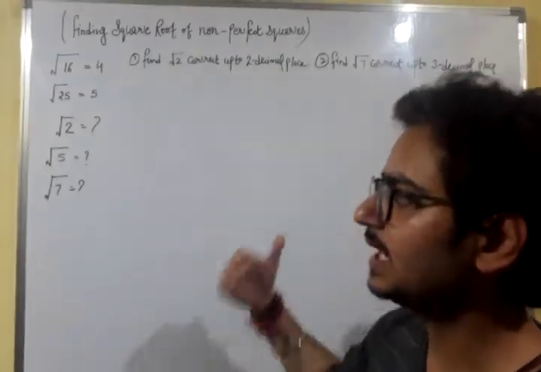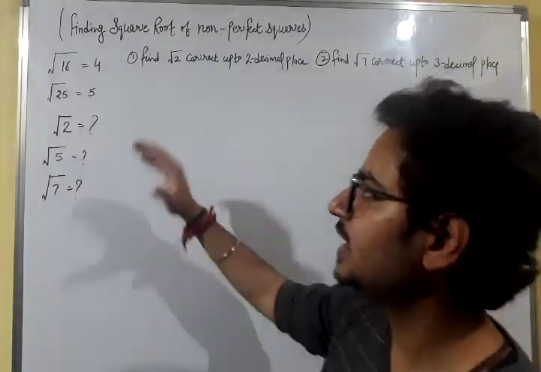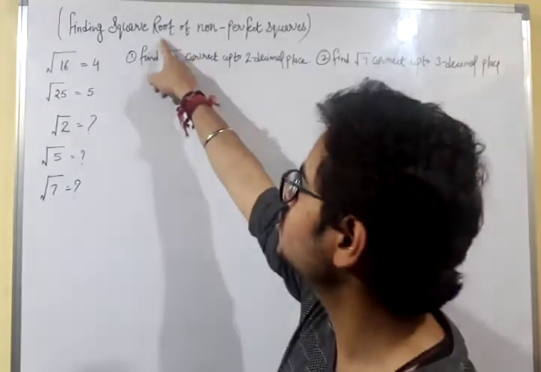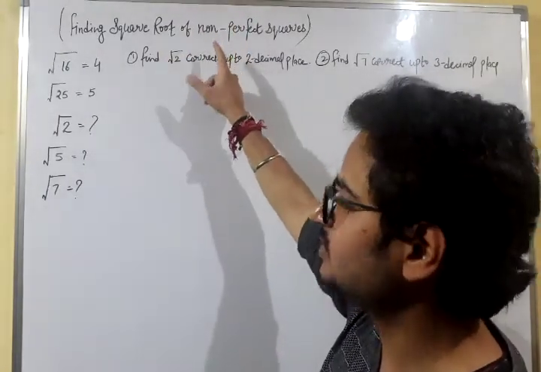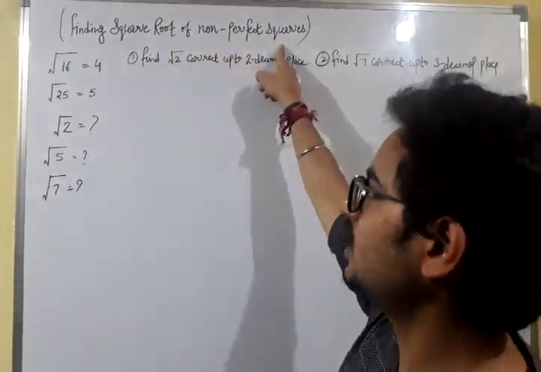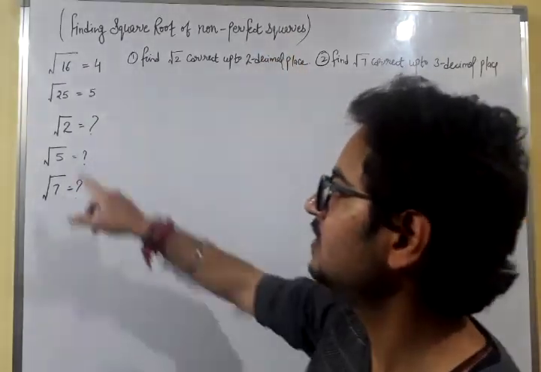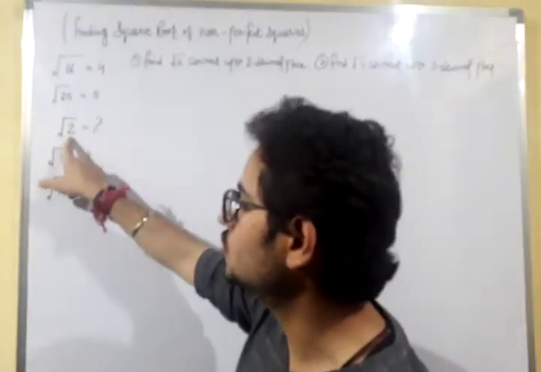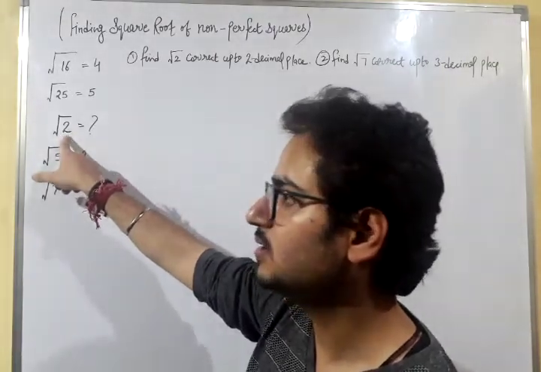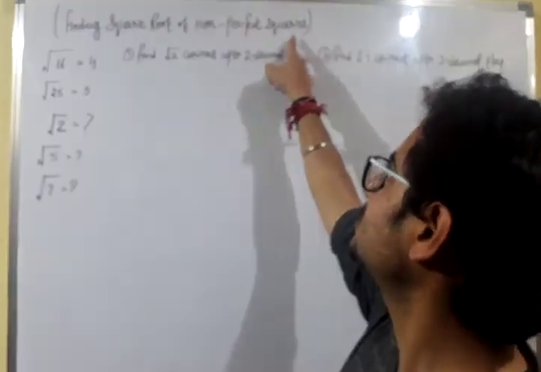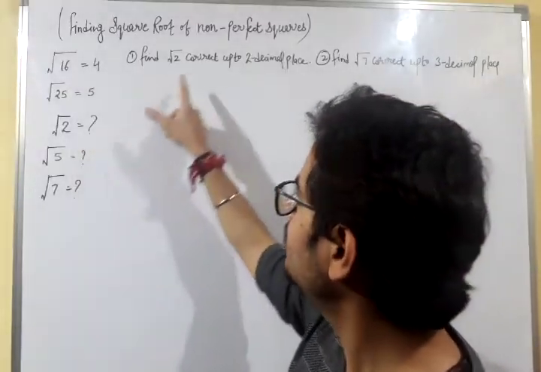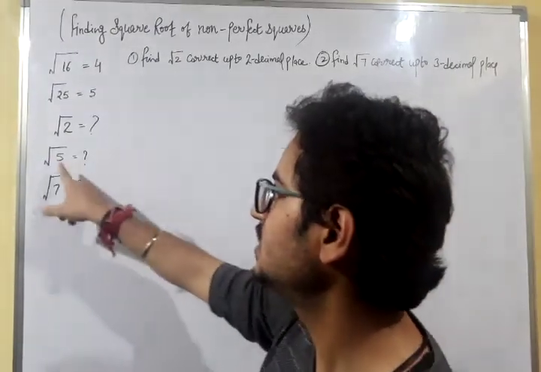So the answer is yes, we can find the square root of the numbers which are not perfect squares by this method. Square root of 2, yes, 2 is a non-perfect square number. Here we will find its square root.